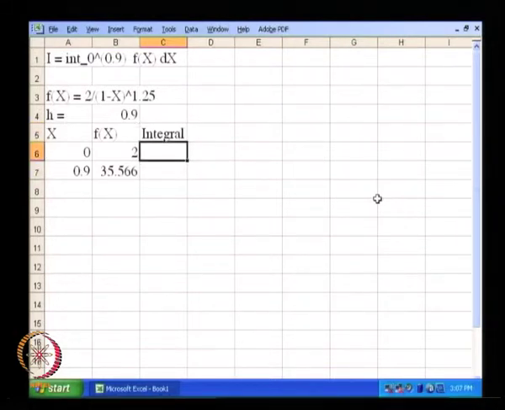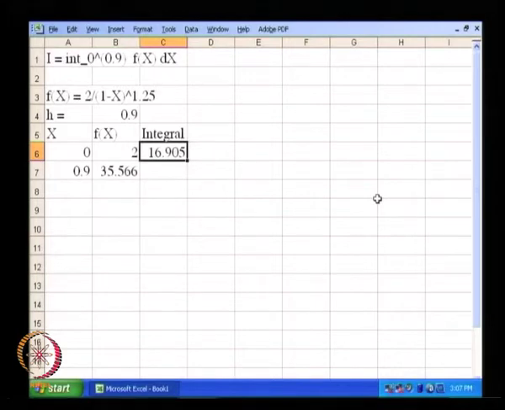So using the trapezoidal rule, it is going to be equal to our h divided by 2, that is this value, we will put the dollar signs over there, divided by 2 multiplied by y1 plus y2, that is going to be our integral. Okay.